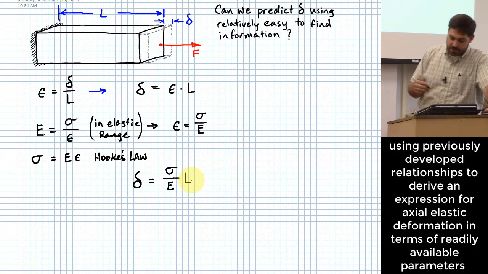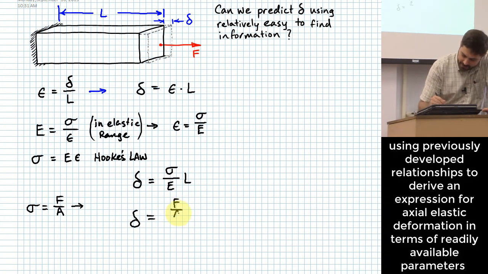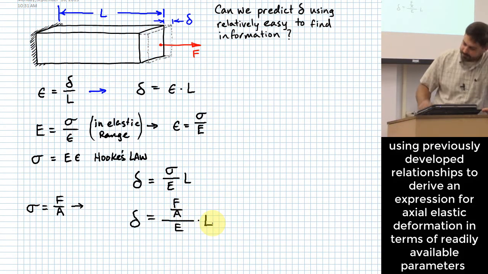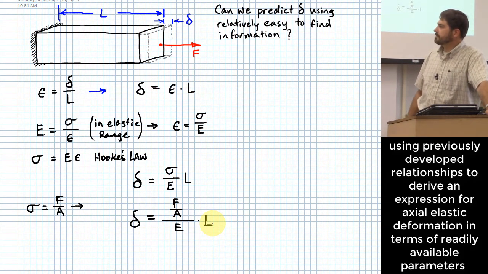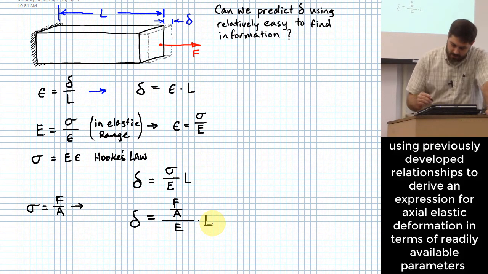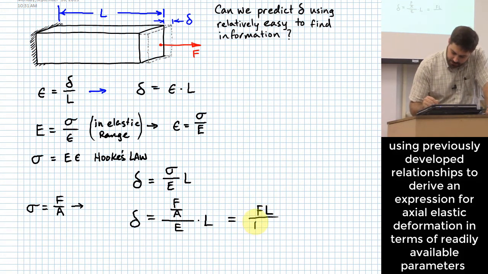The definition of stress is force over area. And so that tells me that my delta is going to be equal to F over A over E times L. I can clean that up a little bit, and this ends up just being FL over EA.